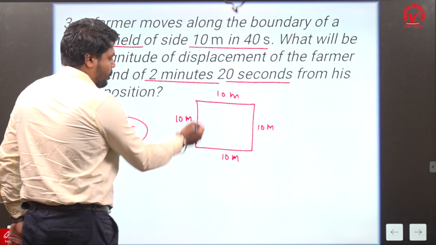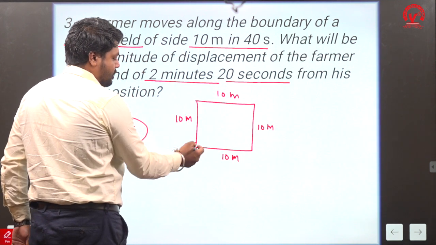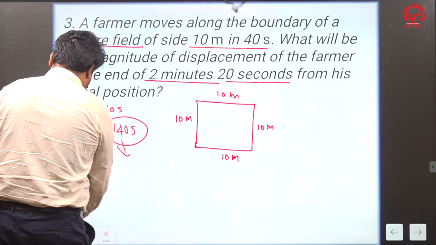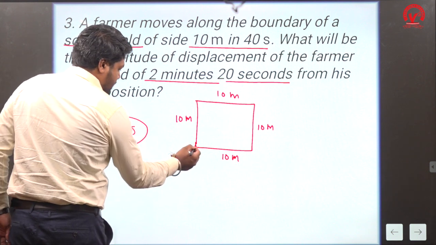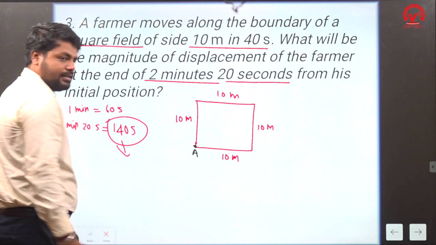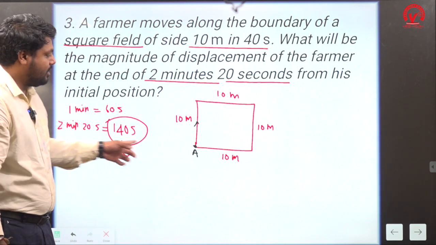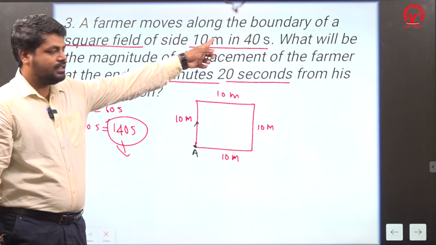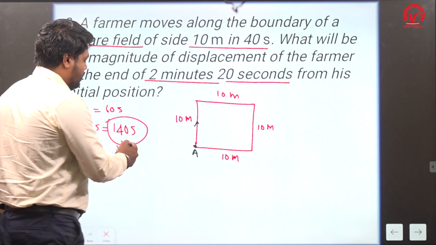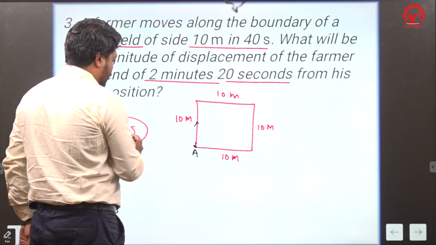Consider this is the initial point. Consider from here it travels to here, then moves on. For crossing 10 meter, how many seconds does it take? 40 seconds.